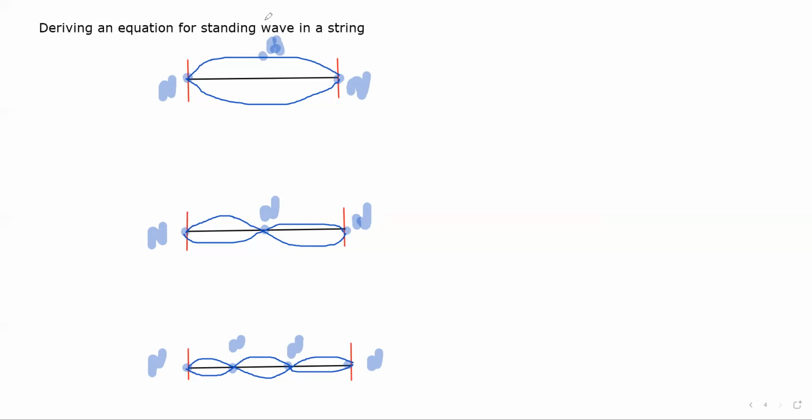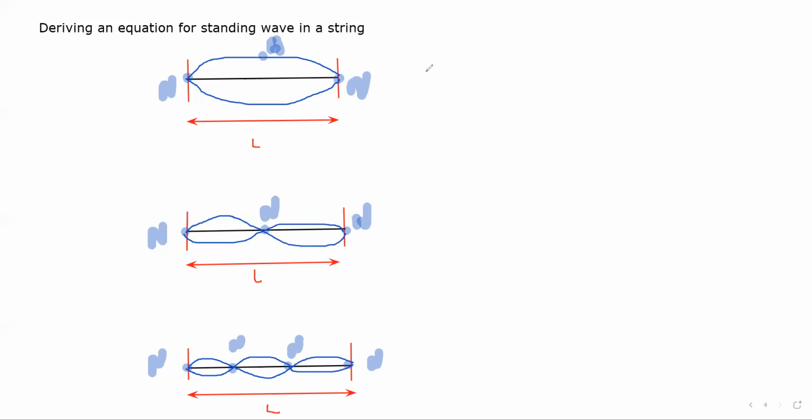This is the same string which is vibrating in different patterns. It might vibrate in one loop, in two loops, or in three loops. So the length is L. This length is also L, this one is also L.